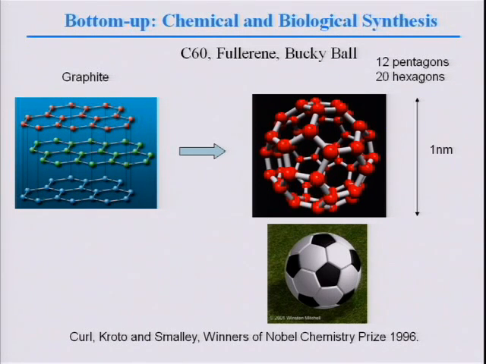If you use a laser to evaporate graphite with certain catalysts around, you can produce this beautiful ball, also about 1 nanometer in size, which people call a buckyball. It has 12 pentagons and 20 hexagons, exactly like a soccer ball. This buckyball has a structure beautiful enough to earn these people a Nobel Prize.